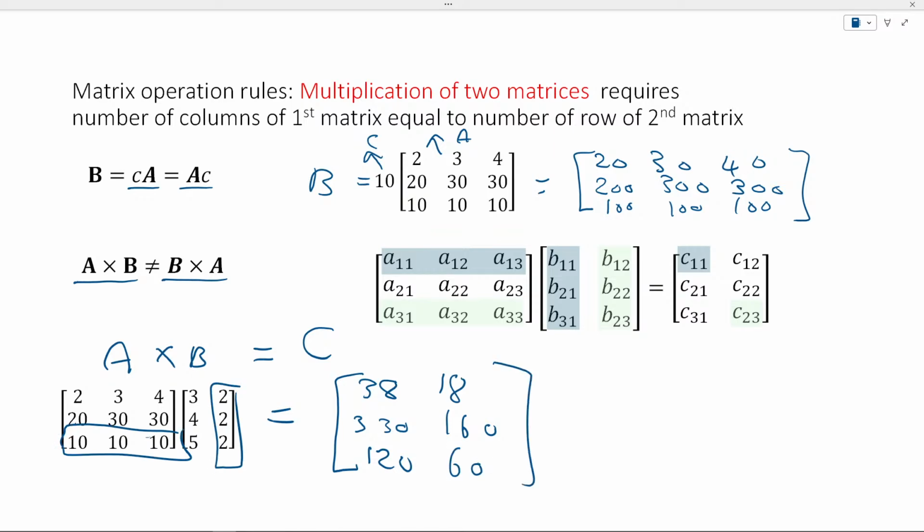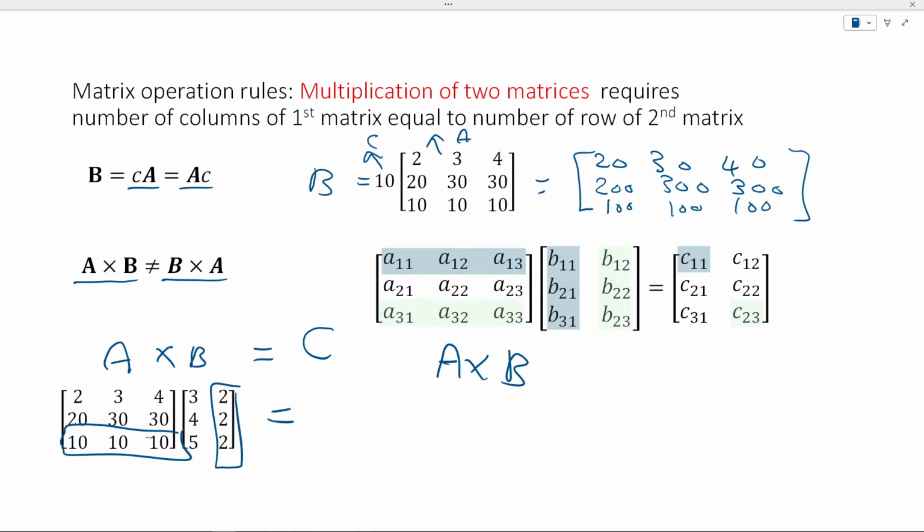Okay. So basically, now is why A times B is not equal to B times A, because B times A I cannot even multiply.